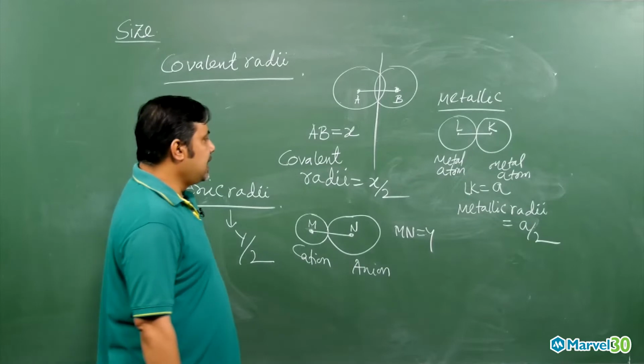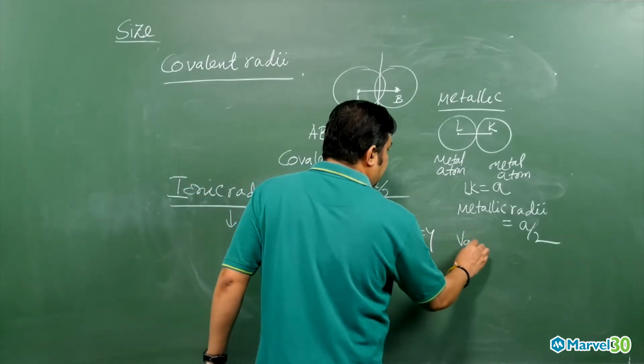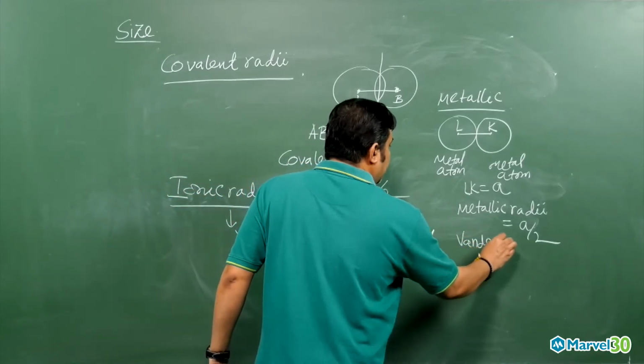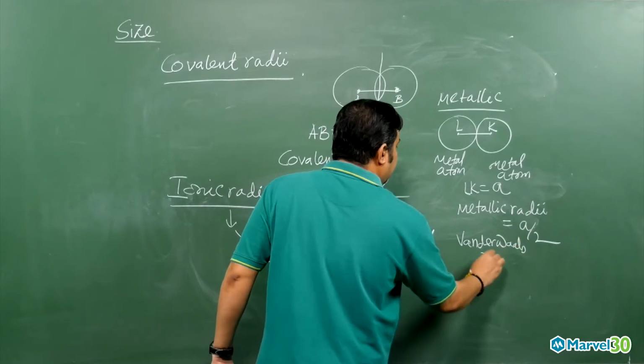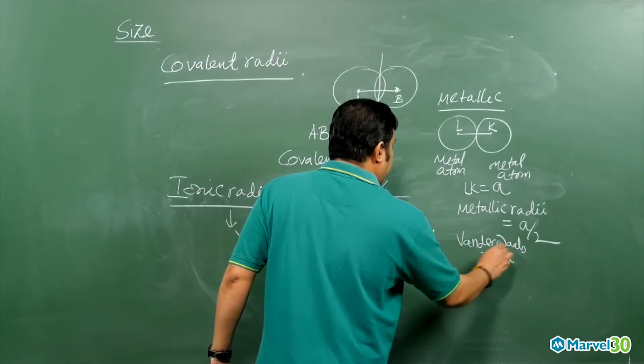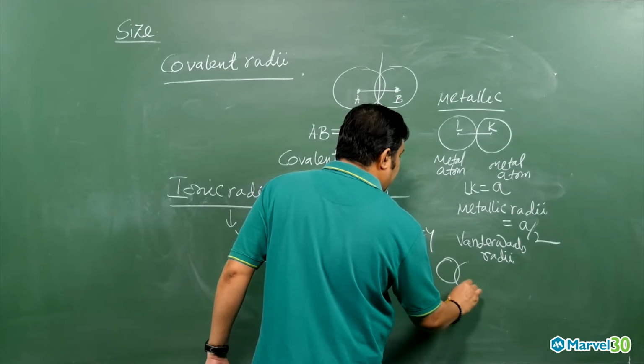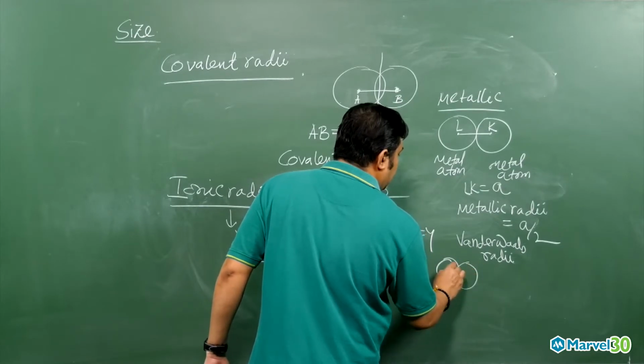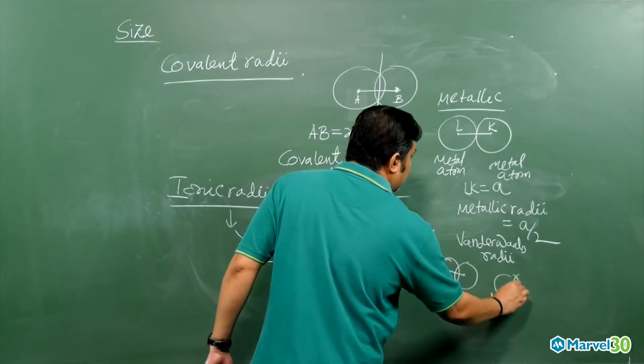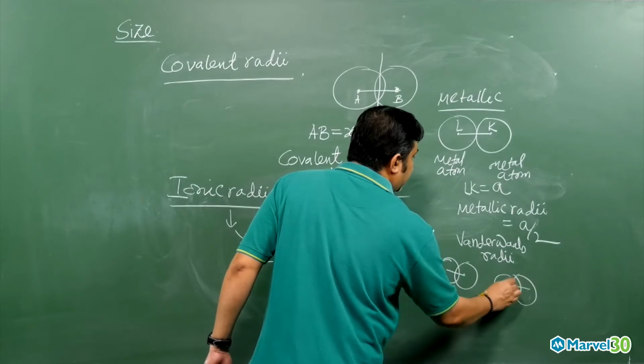And then van der Waals radii. What is van der Waals radii? Here there are two covalently bonded molecules. One atom belongs to one covalently bonded molecule and another atom belongs to the other.